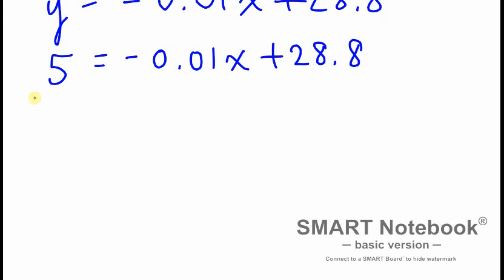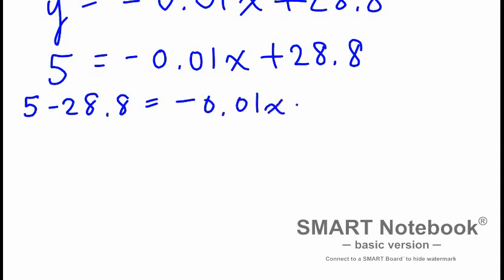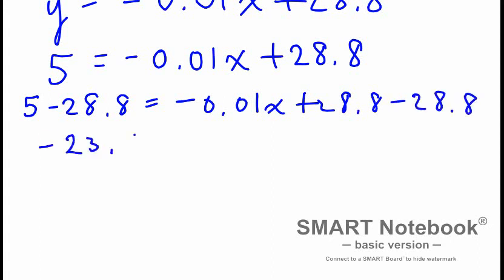Let's subtract 28.8 from both sides. And that gives us negative 23.8 equals negative 0.01x. Hang on here. Let's go pen. Oh, I have a little glitch. There we go.